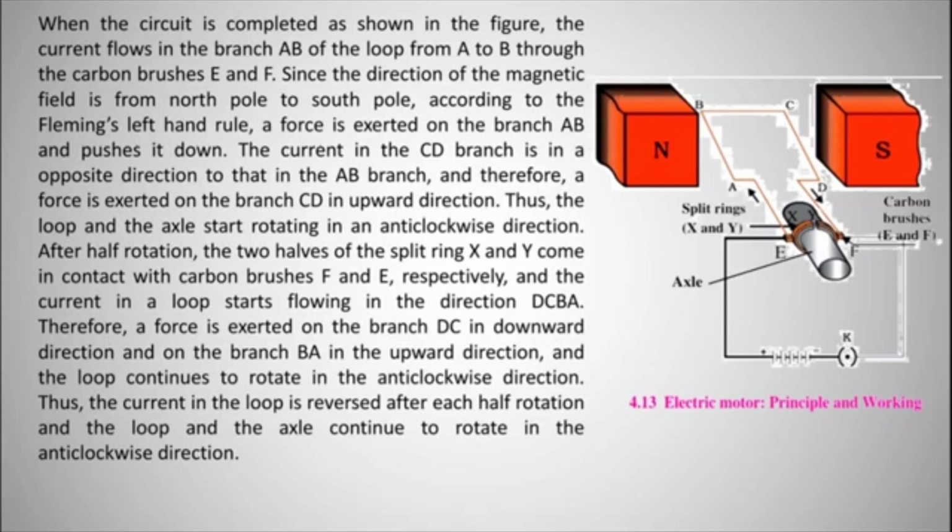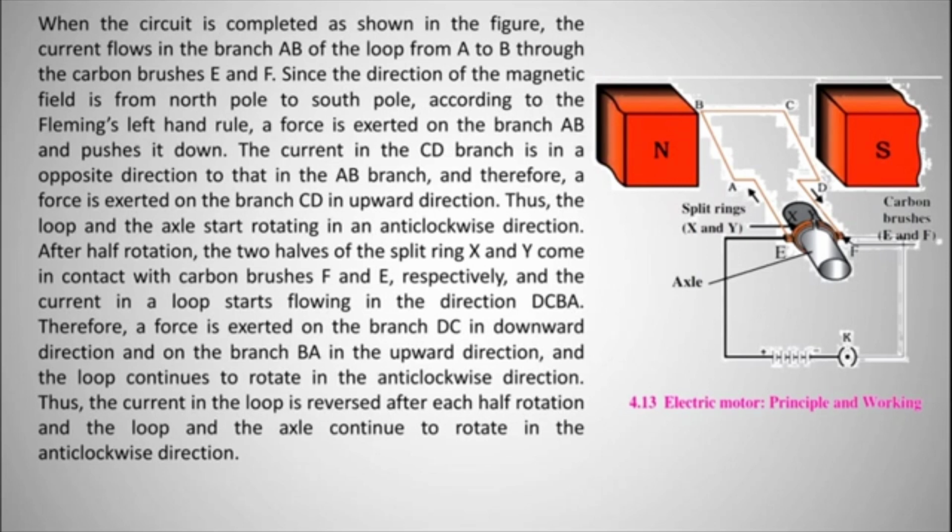Now let us understand the working of electric motor. When the circuit is completed, as shown in figure, the current flows in the branch AB of the loop from A to B through the carbon brushes E and F.